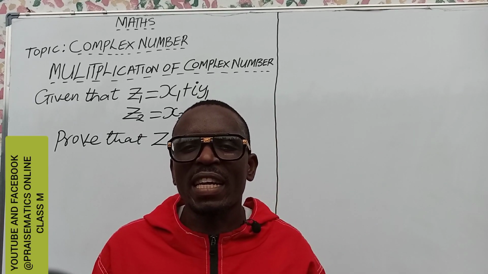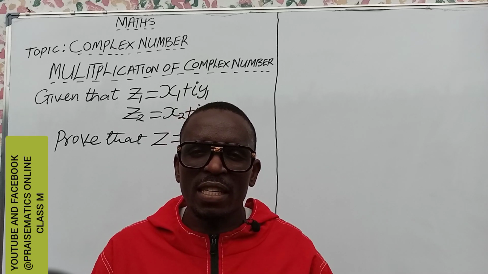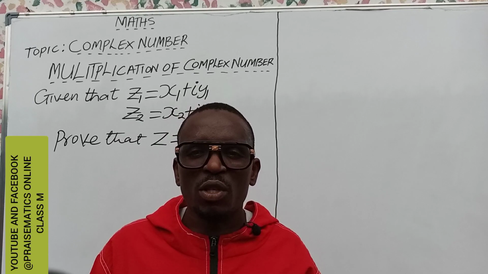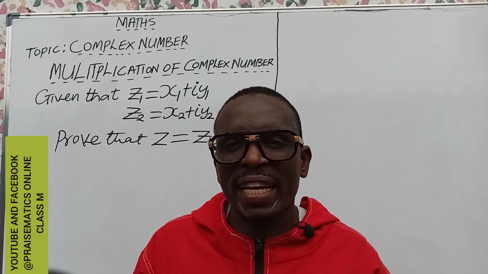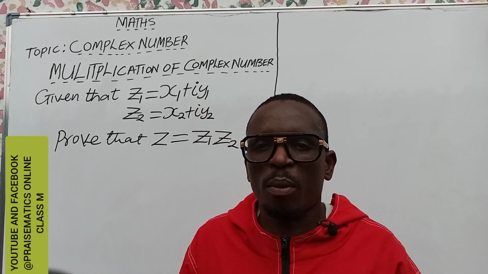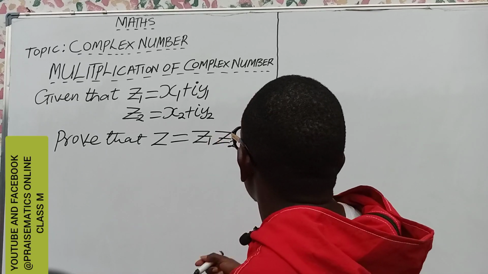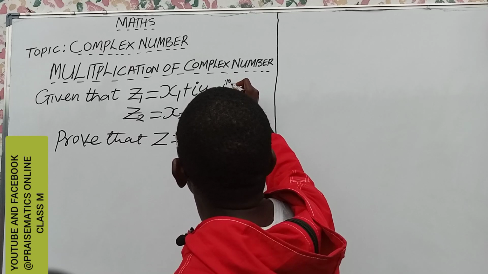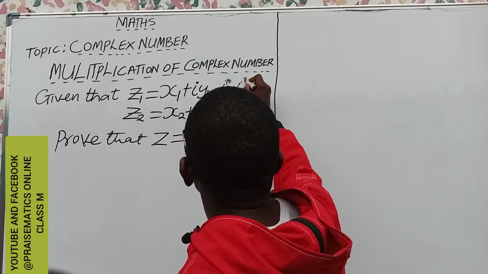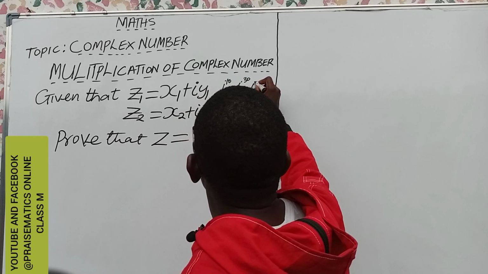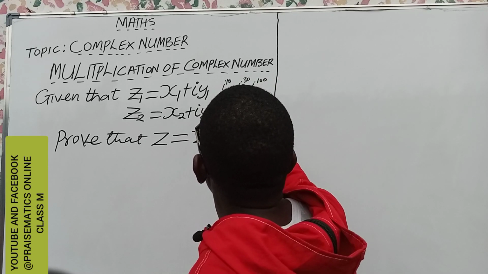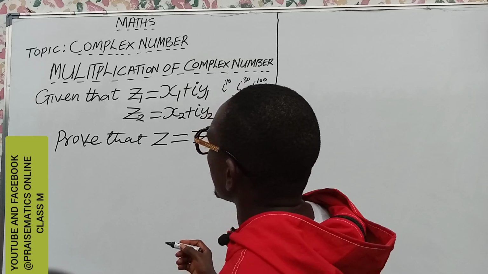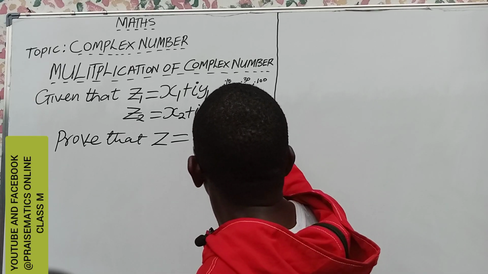We also taught how to evaluate the powers of i of a complex number, like i to the power 10, i to the power 30, i to the power 100, i to the power 500, and so on.